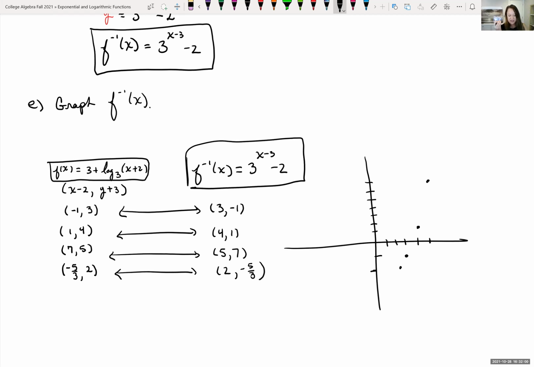I'm just thinking back to what I know about this function, my inverse function. I know what my general shape of 3 to the x looks like, which is this. And so that -2 is shifting that horizontal asymptote, which is normally the x-axis, down to -2. And that -3, which my point was normally here, is shifting it to the right 3 units. So what I'm getting looks accurate.